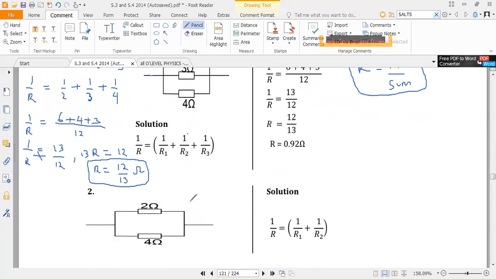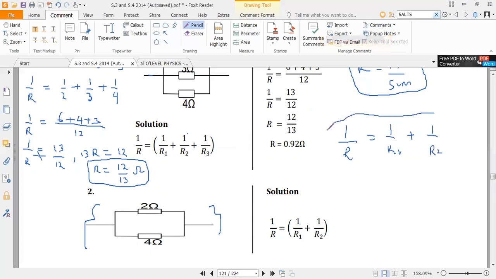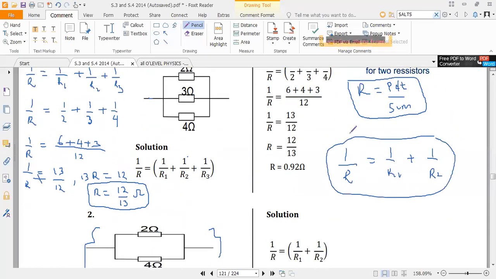Okay, in this case you can see these are two resistors in parallel. This is another example, but in this case we have two resistors in parallel. So if there are two, you can still use 1/R equals 1/R1 plus 1/R2, or you can use the formula that we derived, which works for only two resistors.